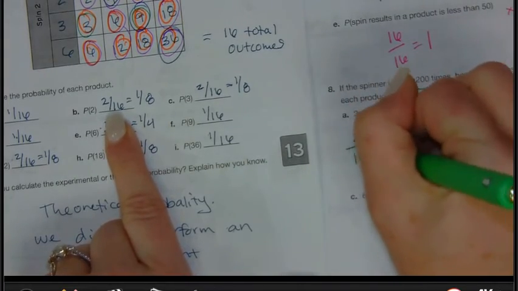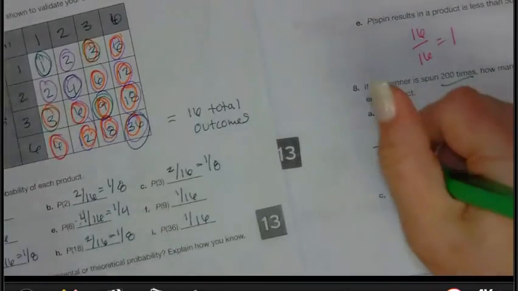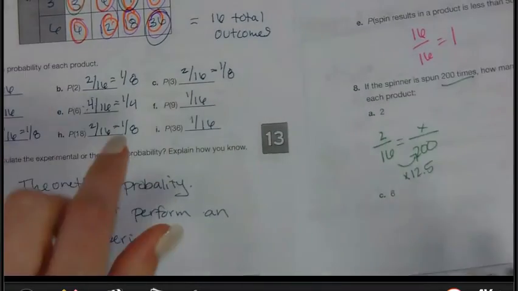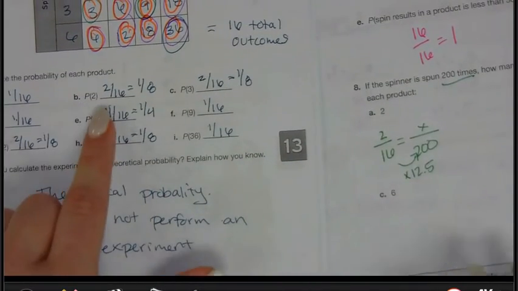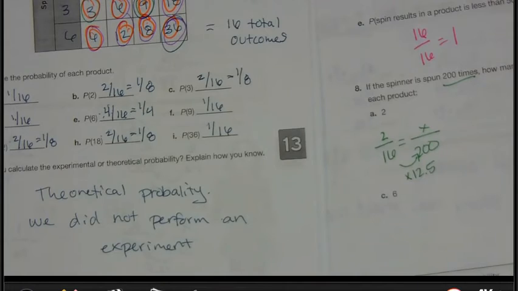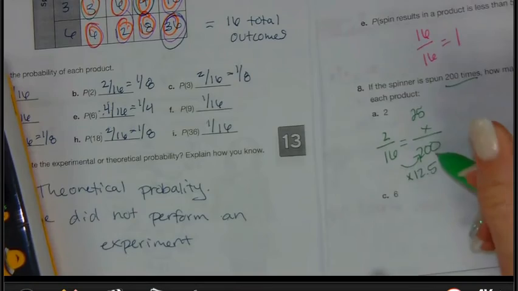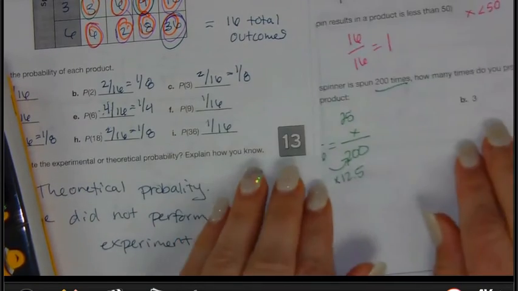Now if I spun it 200 times, how many times am I going to land on it? I had to look at my notes real fast, that you're going to do 12.5 times all of this. So 2 times 12.5, I'm going to use my calculator, which gets me 25 times. So out of 200, I should land on it 25 times.